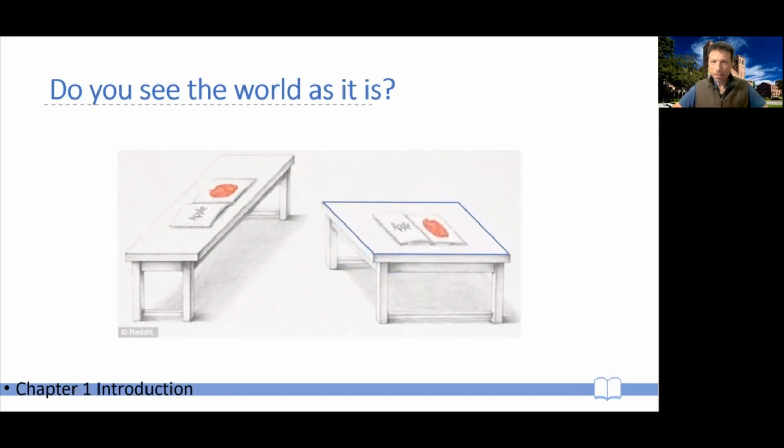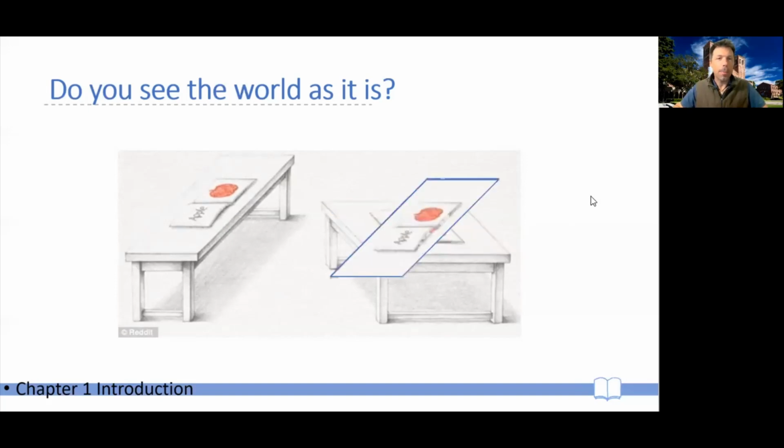In fact, even though the two tables look so different, the tabletop is exactly the same size. And I promise it's not an illusion. I'm not changing anything. The tabletop in these two images is identical.